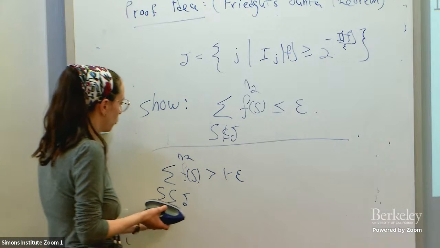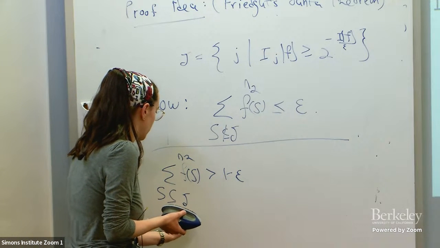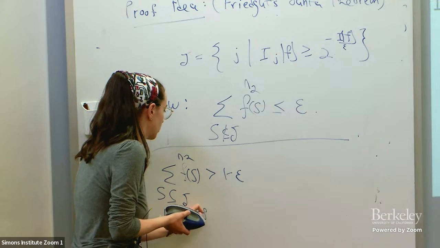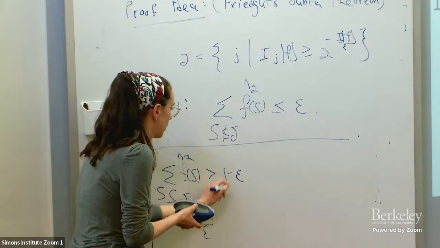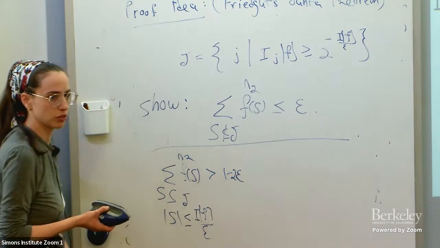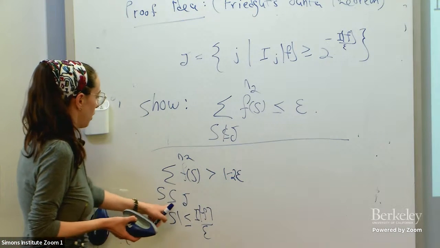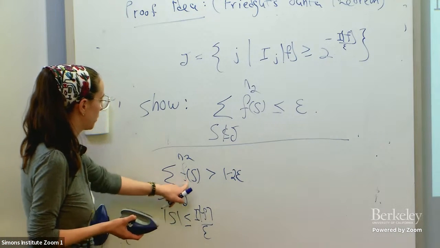And if we remove from here the characters that are larger than the total influence over epsilon, then we only lost another epsilon. And how many characters do we have here?